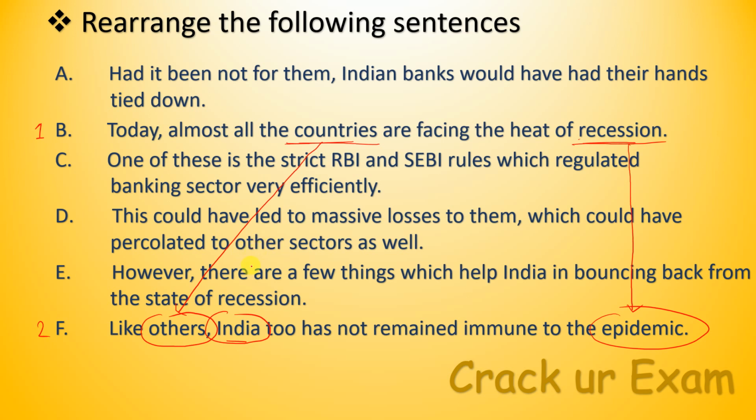Now you see in sentence E: however, there are a few things which help India in bouncing back from the state of recession. So here you have India. So this India and this India may be linked up. So this is your third sentence. It means in sentence F, I am saying that India has not remained immune. Now in the next sentence, sentence E, I am saying: however, there are a few things which help India in bouncing back from the state of recession.